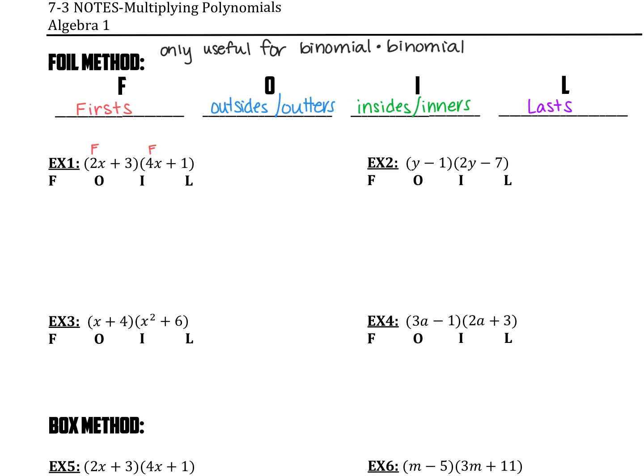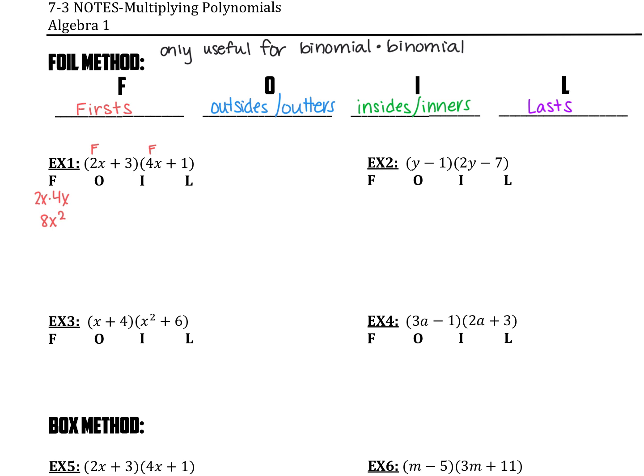They're the first in each of the parentheses. And what I'm going to do is multiply the 2x by the 4x. Okay, 2x times 4x. Well, what is 2x times 4x? We get 8x squared. Okay, so we did the firsts. So that's my first step.